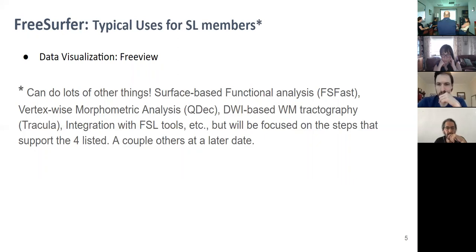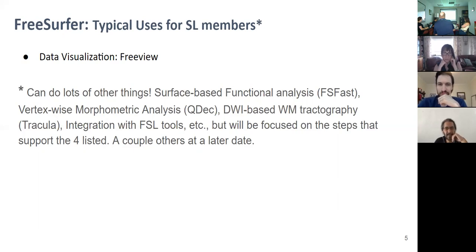There's a GWI-based white matter tractography tool, Dracula, which we actually have built into our pipeline. And FreeSurfer works really well with the FSL group, which I thought was a huge plus. So getting more into the details, FSL DTI stuff, I still think it's a big plus, not quite as big as I thought it was 9 months ago.